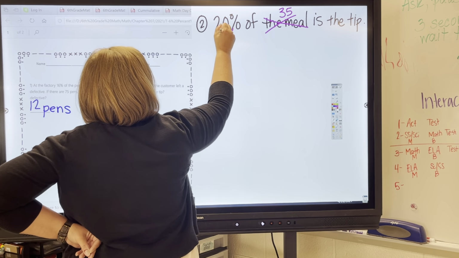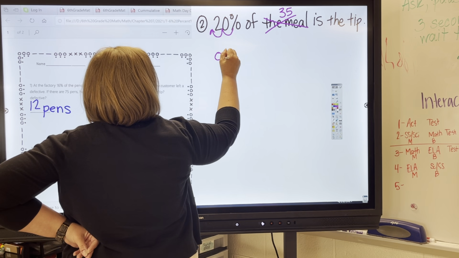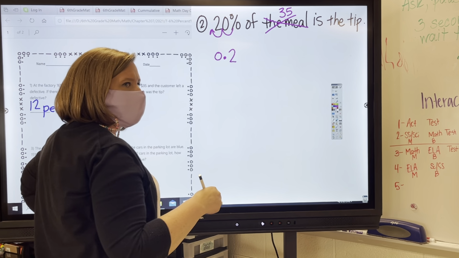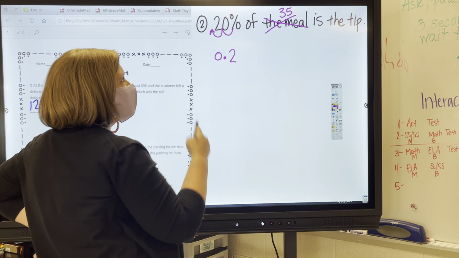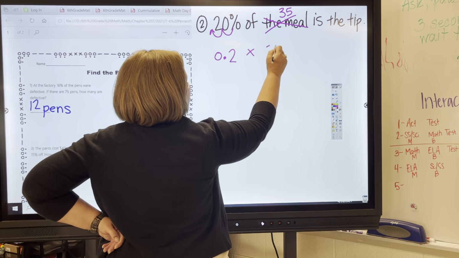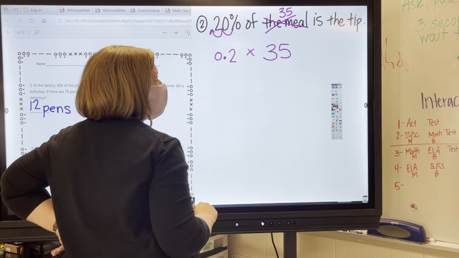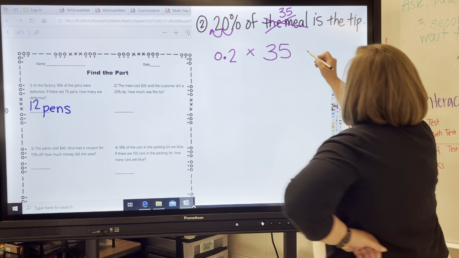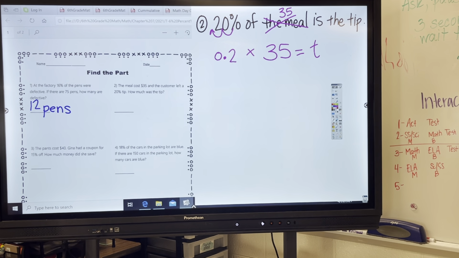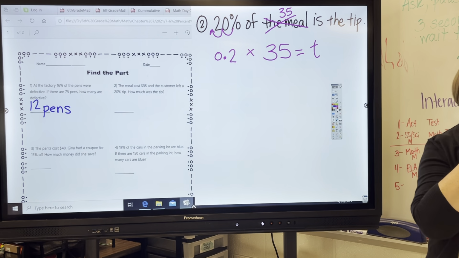Do we X out the meal or just meal? You can do the meal. What does of mean? Multiply. Then I've got 35. What does is mean? Equals. And it's gonna tell us what? The tip. But you gotta multiply. So now we have to multiply.